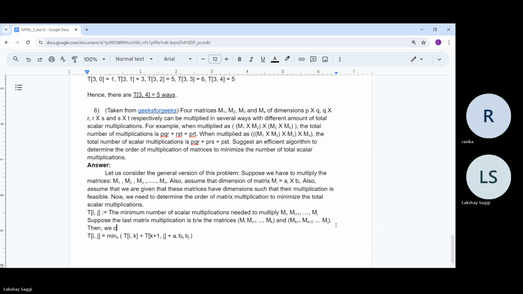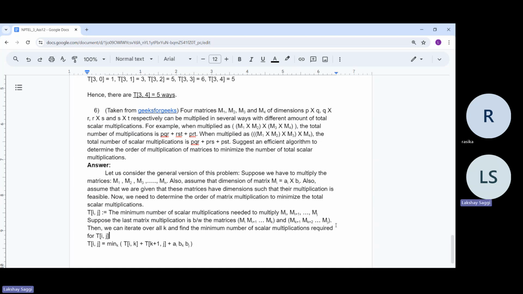Then we can iterate over all k and find the minimum number of scalar multiplications required for Tij.